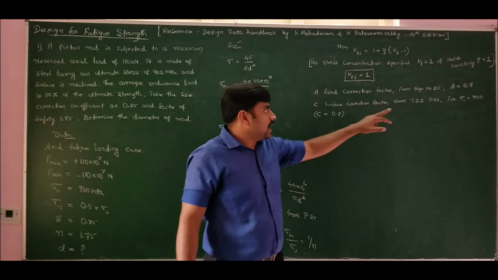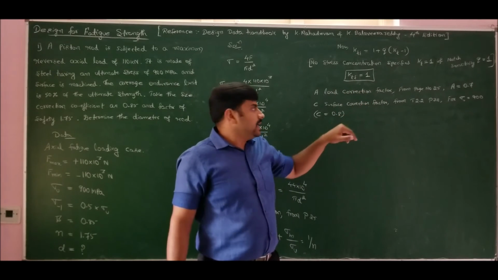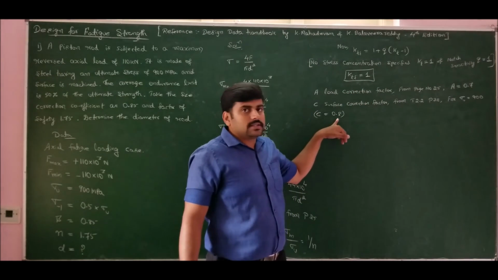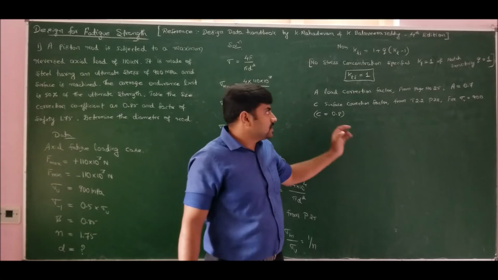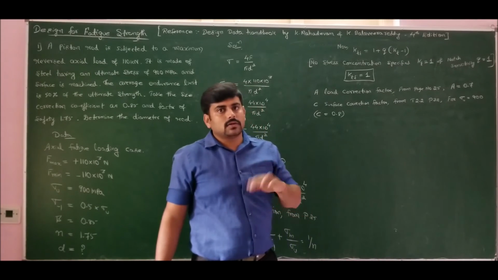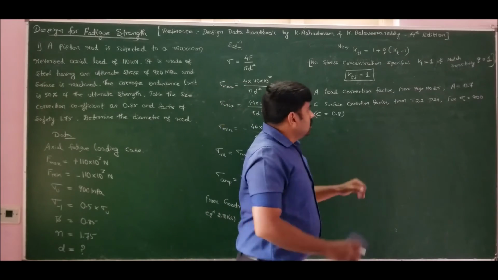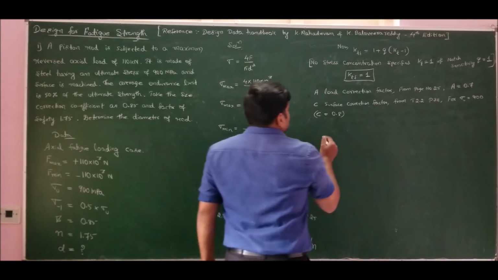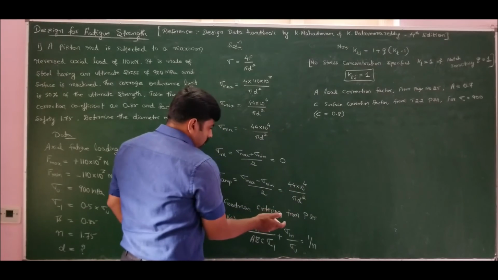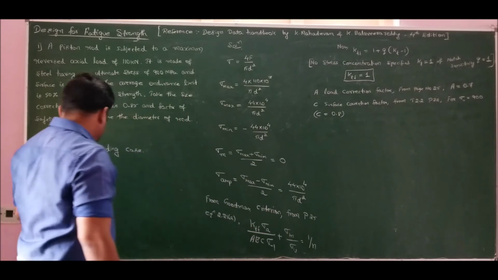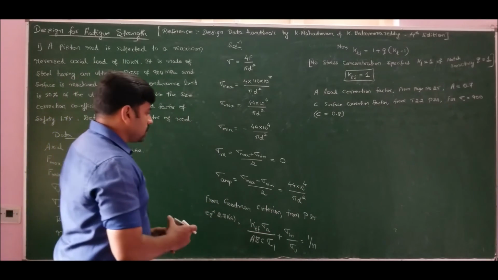For ultimate stress of 1020, he has given C as 0.78. So since 900 is between 800 and 1000, I can take the average as 0.8. Next, for the factor of safety, he has given 1.75. So all the values are known to us.